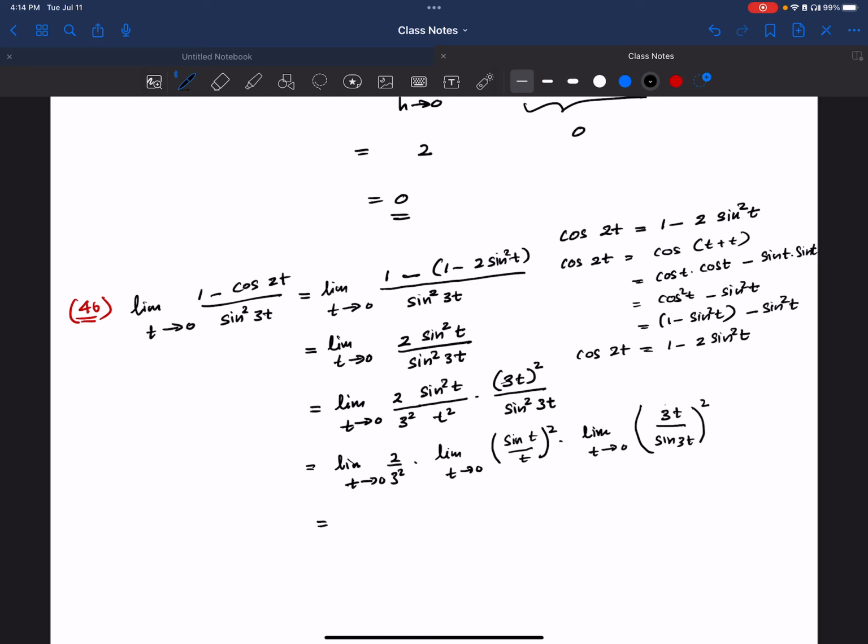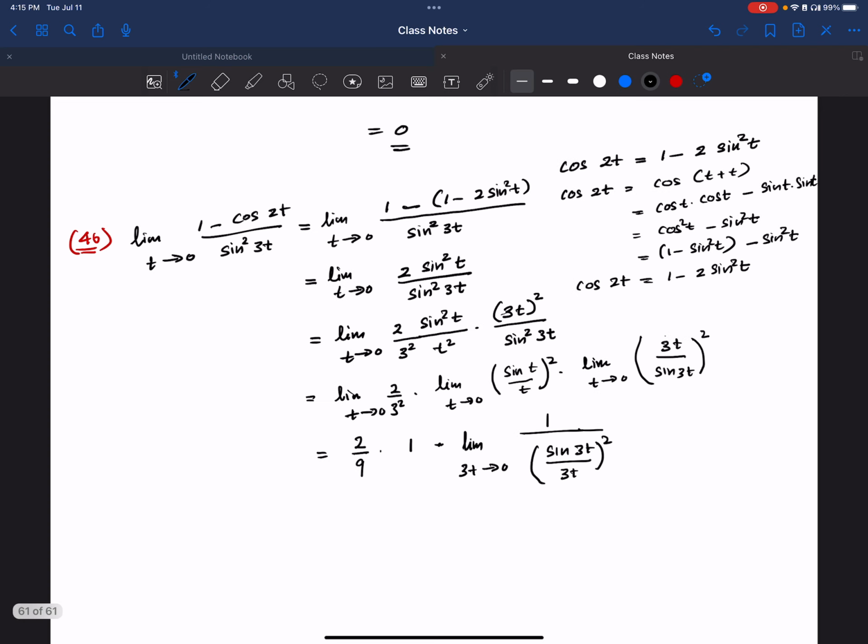We have here 2 over 9, and this is equal to 1, and 1 squared is equal to 1, times, when t goes to 0, 3t also goes to 0, so the limit as 3t goes to 0 of 1 over sine 3t over 3t, squared.